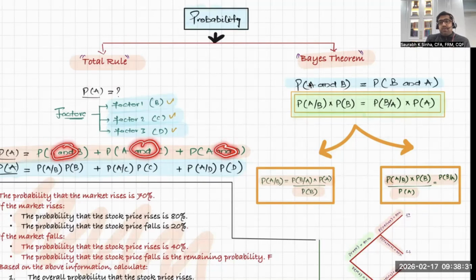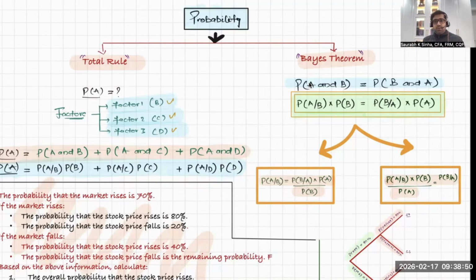If we break the AND rule, it will become probability of A given B into probability of B, plus probability of A given C into probability of C, plus probability of A given D into probability of D. That is the total probability rule.